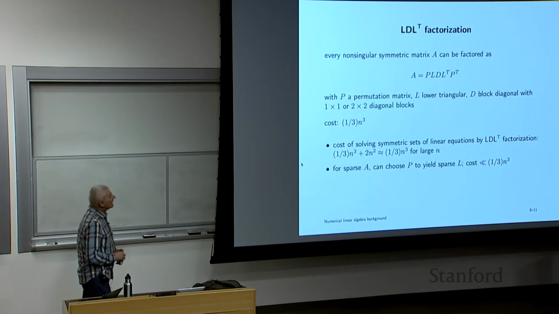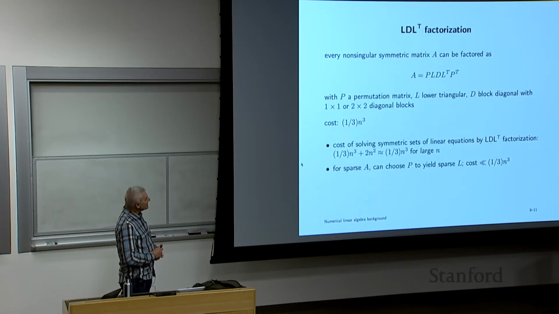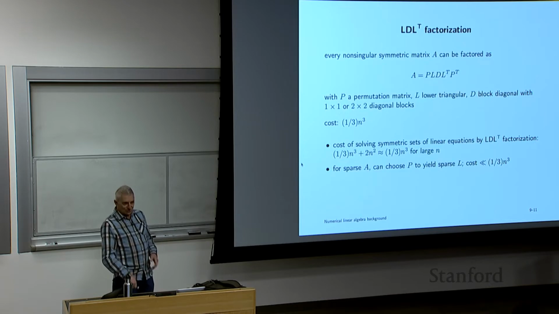So, the LDL transpose factorization, this is for any non-singular symmetric matrix, right? By the way, we'll see examples of where these come up, maybe next week, in fact. It's like an LDL transpose factorization, but D is block diagonal, with either 1 by 1 or 2 by 2 blocks. That's just a mathematical fact, that you might need these 2 by 2 blocks.